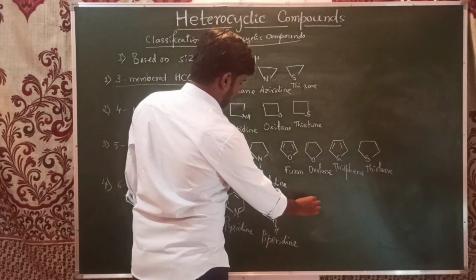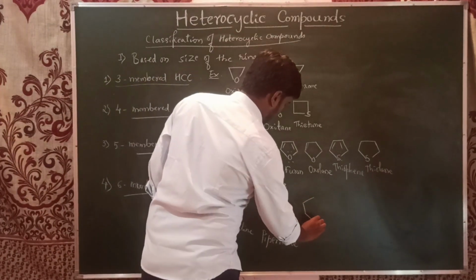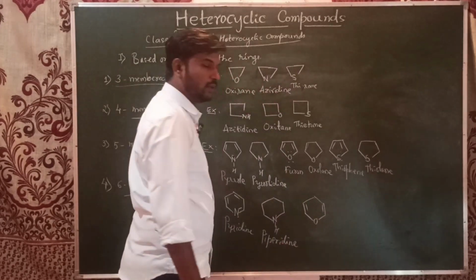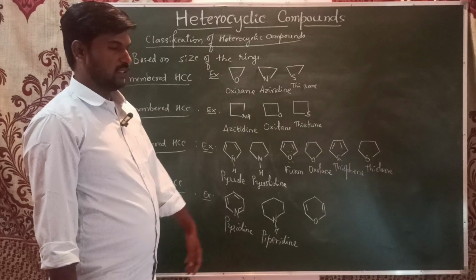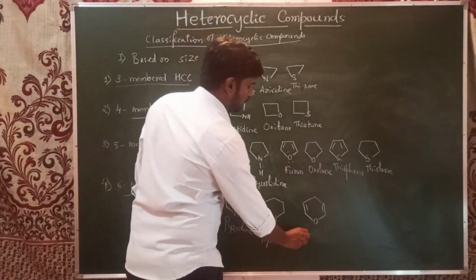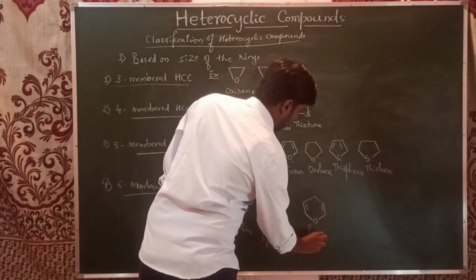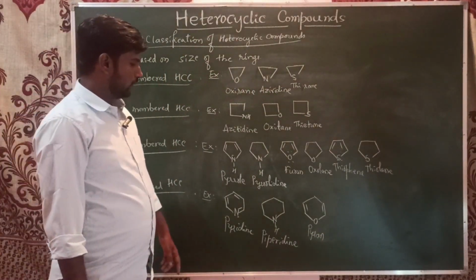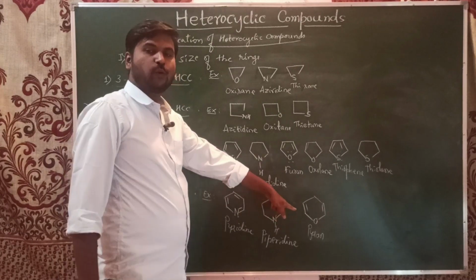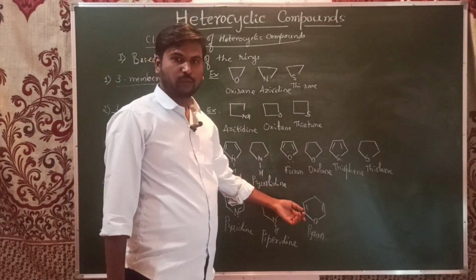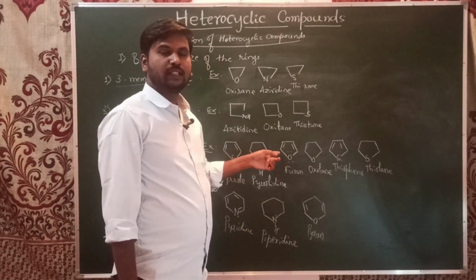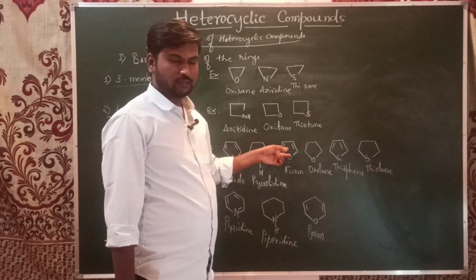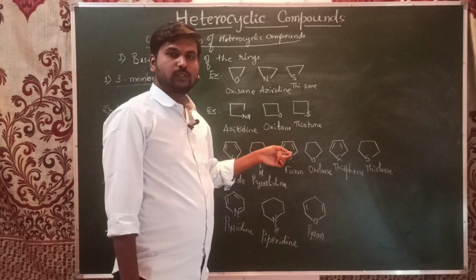And one more important one, that is with oxygen. We are not discussing it in this chapter, but we have seen it in the glucose structure. That's why it is pyran. This pyranose ring we see in glucopyranose, the Haworth structure of glucose, and the furanose ring in the fructose Haworth structure.